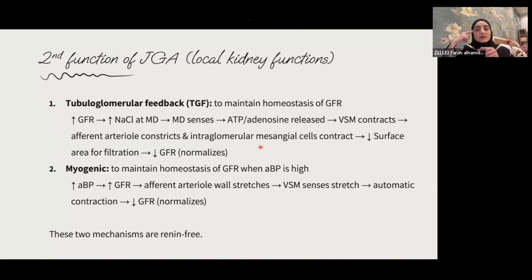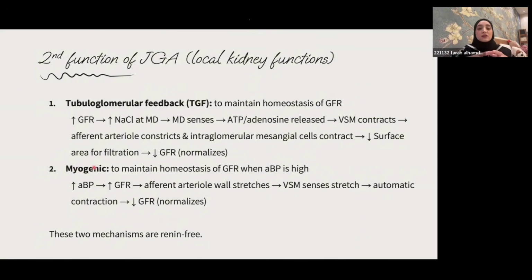What does the macula densa sense? It senses sodium, okay? So it senses higher sodium and causes the vascular smooth muscle to contract. When the afferent arteriole contracts, less blood goes into the glomerulus, and therefore the glomerular filtration rate decreases or normalizes.